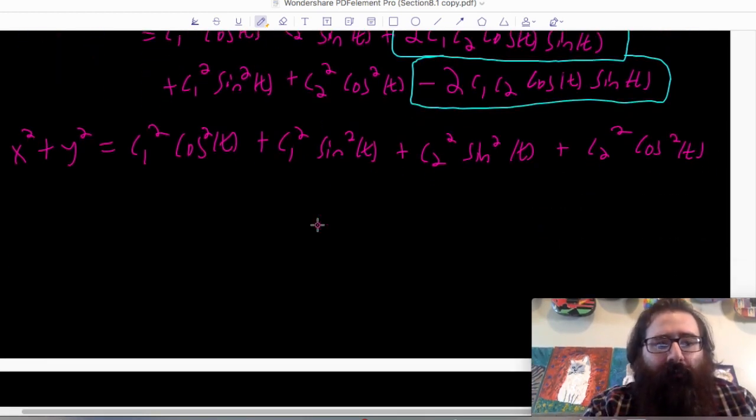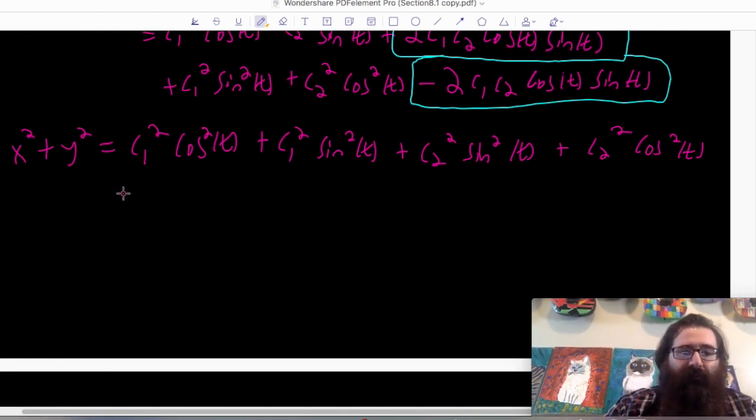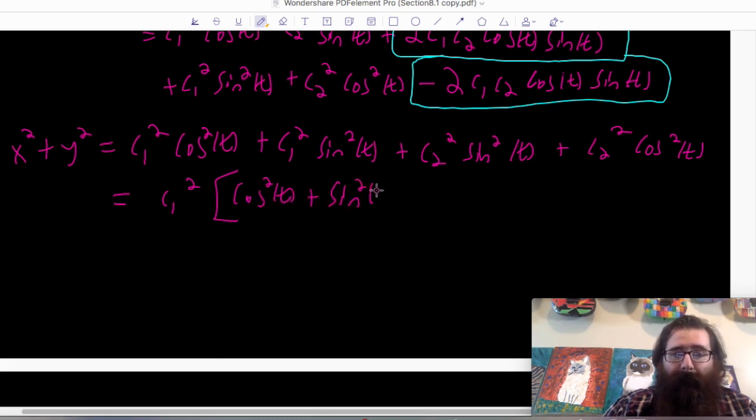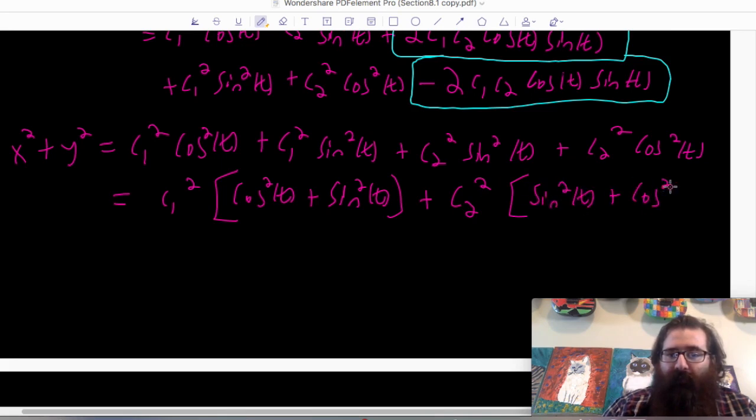And if I factor those coefficients out, I'd say, well, here I have c sub 1 squared times, in parentheses, cosine squared t plus sine squared t. And then plus here, if I factor c sub 2 squared out, this would be sine squared t plus cosine squared t.